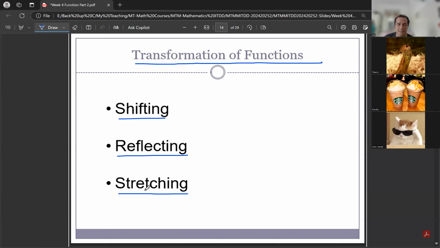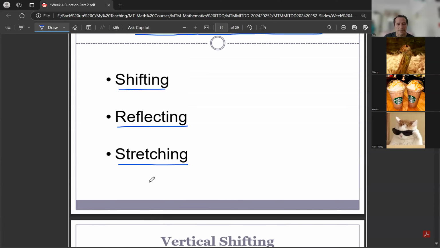Stretching can be said, in Bahasa, we say penskalaan. Stretching, or scaling, is the most difficult concept.